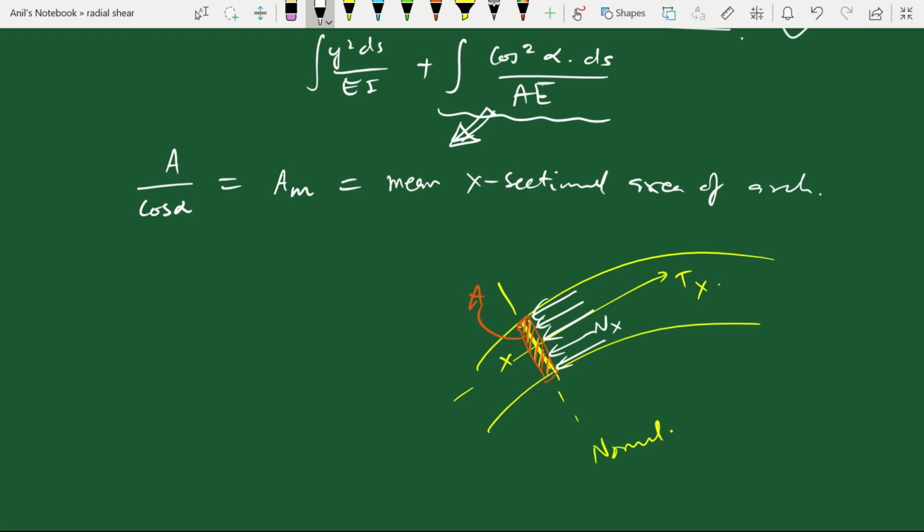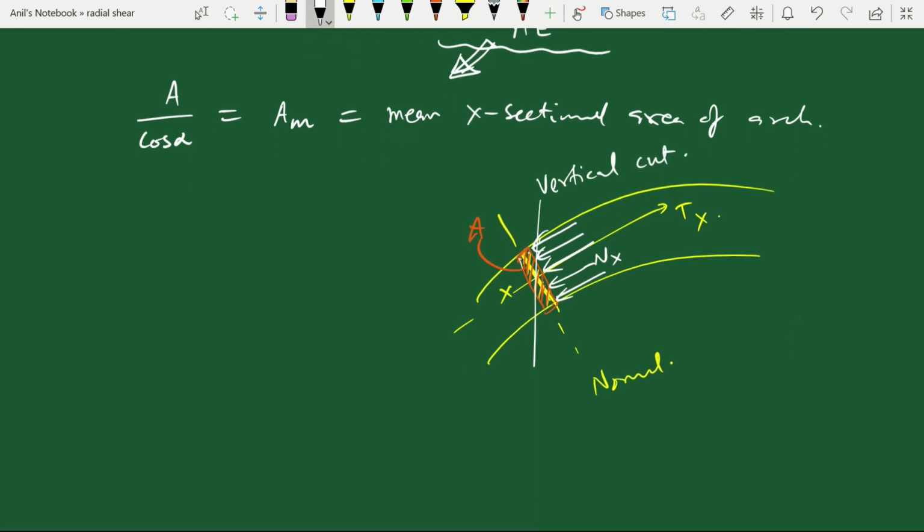If I cut the same arch at x vertically, if we make a vertical cut here, then the area exposed will be different.